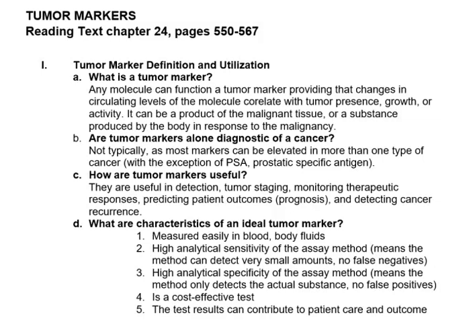It means the method can detect very small amounts, no false negatives. You want a high analytical specificity of the assay method. It means that the method only detects the actual substance, no false positives. You want it to be cost effective. And lastly, the test results can contribute to the patient's care and outcome.